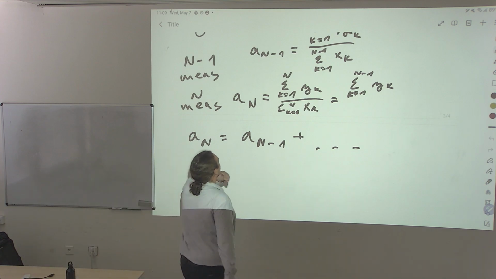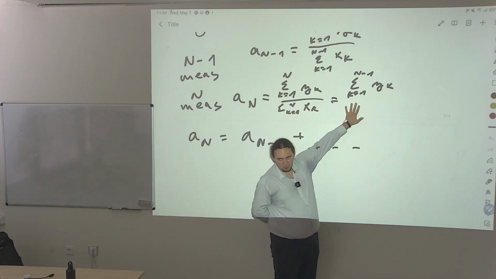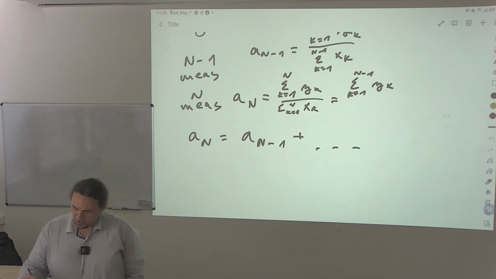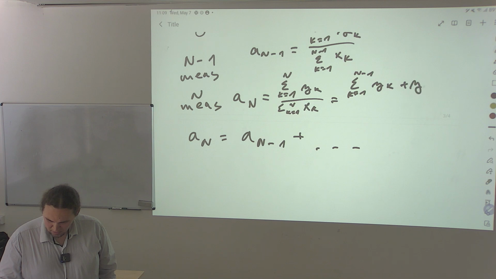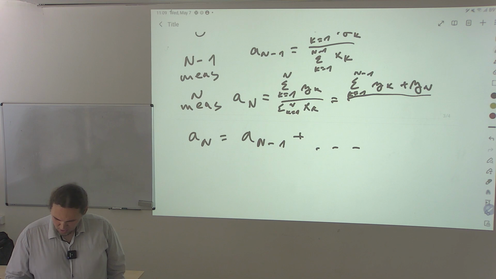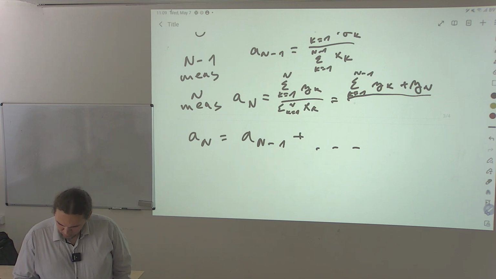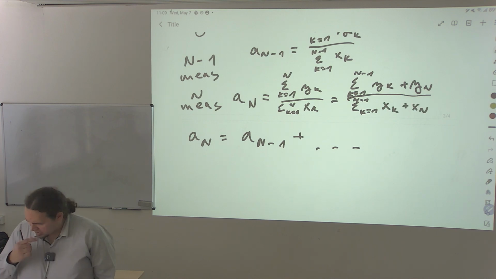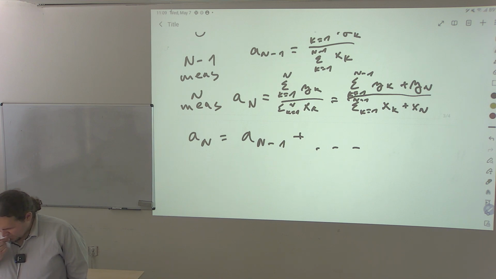Okay, so our sum from 1 to n can be the sum from 1 to n minus 1, and of course what we are missing is to add the last measurement, y at the time n. The same we can do in the denominator, xk plus xn. So far so good.